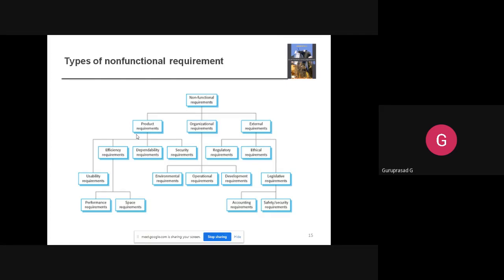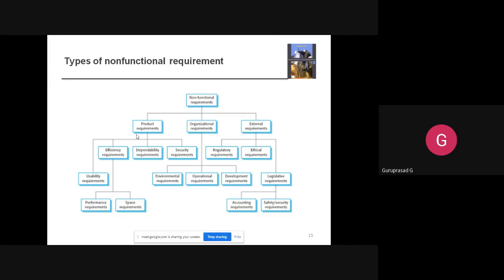Under product requirements, efficiency requirements are there, dependability requirements are there, security requirements are there. This is purely related to the product. Whereas under the organizational requirement, you see operational requirements, and under external requirements are regulatory requirements, ethical requirements, legislative requirements, accounting requirements.